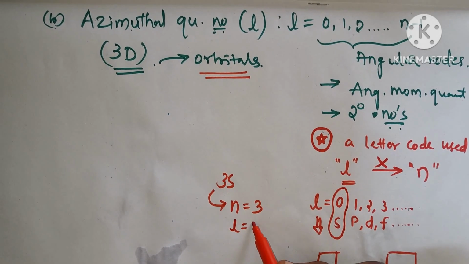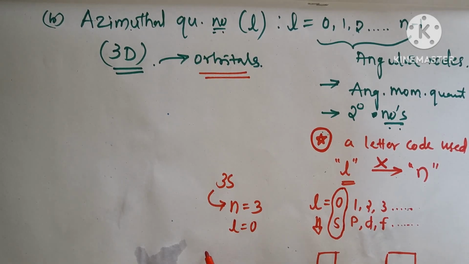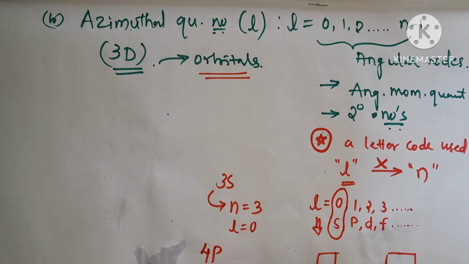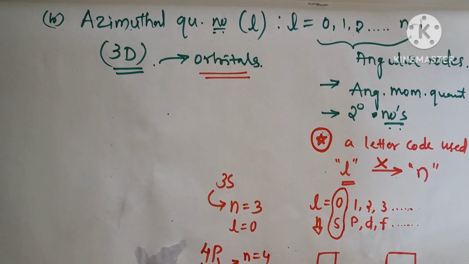So the L value will be 0. For all 3s orbitals, the principal quantum number will be 3 and the azimuthal quantum number will be equal to 0. Similarly for all 4p orbitals, n is equal to 4 and p denotes L is equal to 1.